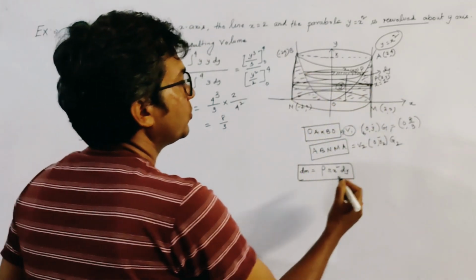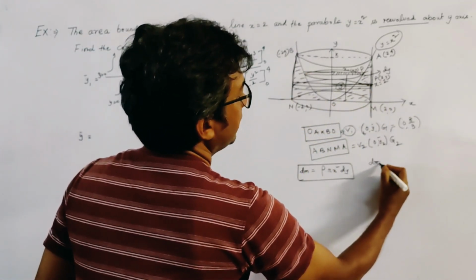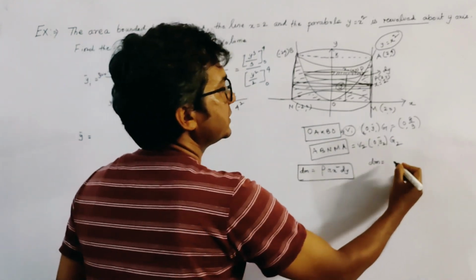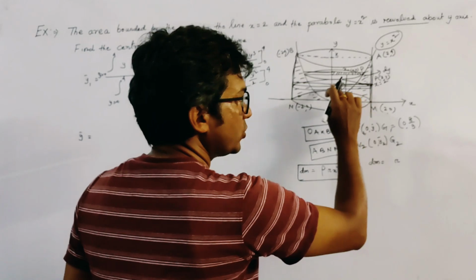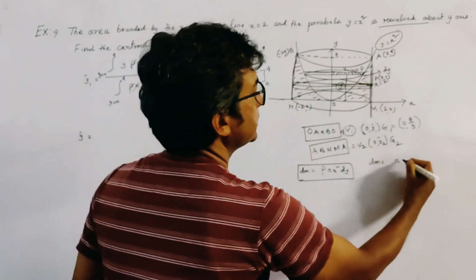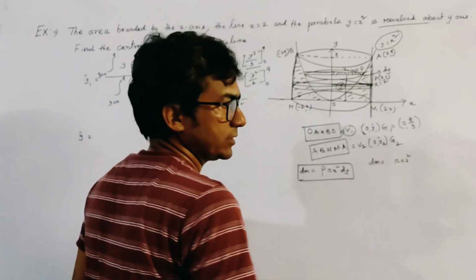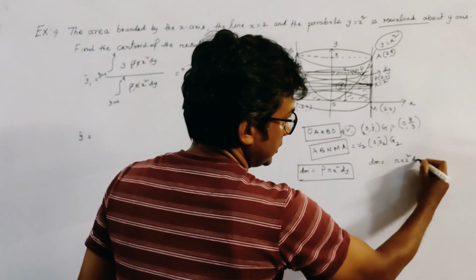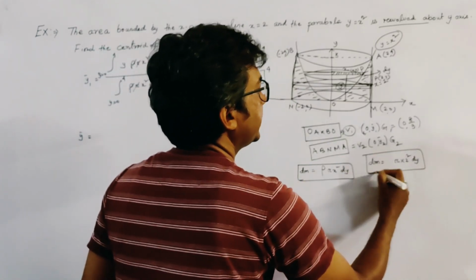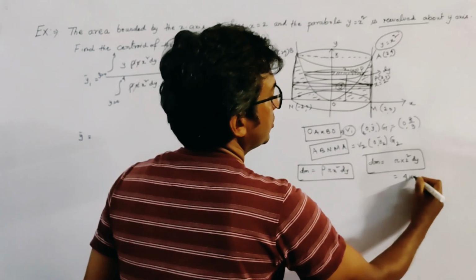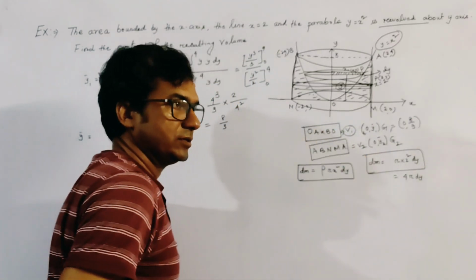Okay, so for elementary mass we let pi into r square. R square means the radius, this is 2 square, into dy. Okay, and this is the elementary mass, so this is 4 pi into dy.